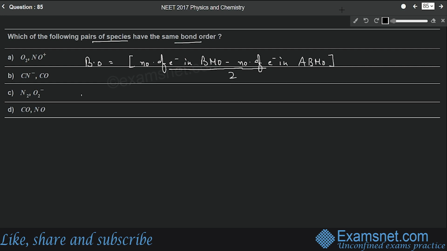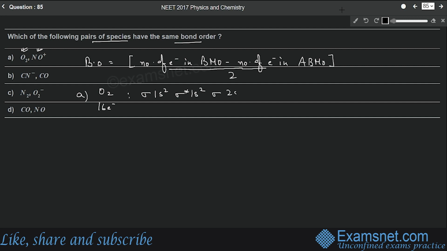Let's start with the first option. Here we have the species O2 and NO plus. For O2 we know that each oxygen atom consists of 8 electrons, so 2 oxygen atoms will have 16 electrons. Now let's see how these will be distributed. Sigma 1s is 2, then sigma star 1s is 2. Star means anti-bonding, right?